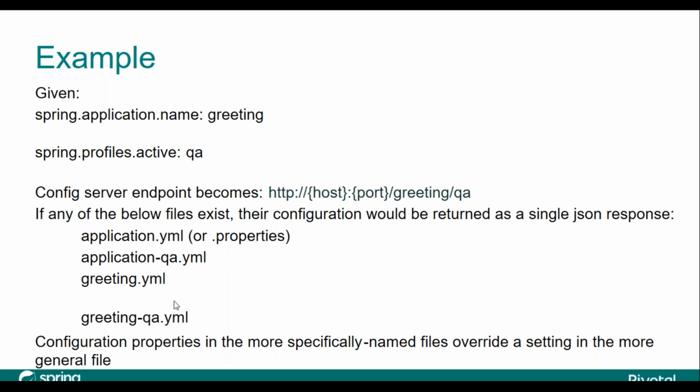All these it reads into a single JSON response. We would be looking at this part shortly. The configuration properties in the more specific named files try to override a setting in the more general file. During the lab, I would be showing one of the properties files.